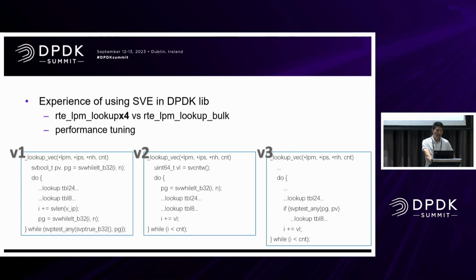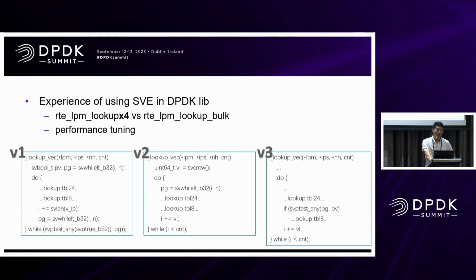You can see in the V1 version, I did it in the VLA, vector length agnostic way. First, we used C intrinsics to generate a predicate to indicate the LPM table entries that we need to load and look up into vector registers.